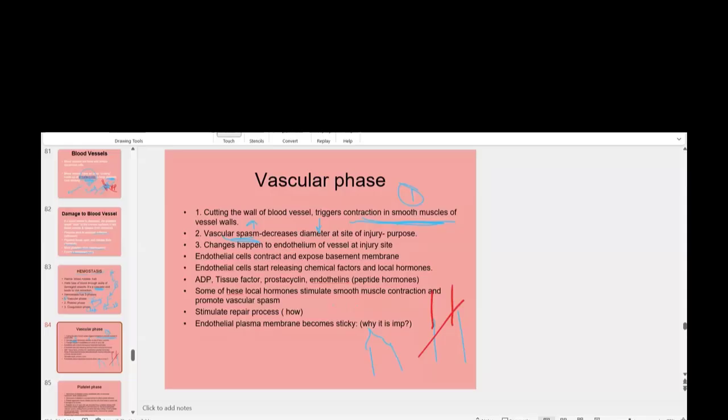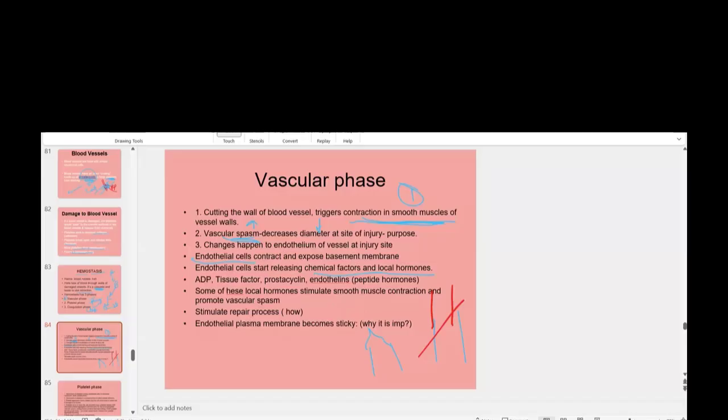That is the purpose. Changes also happen to the endothelium of the vessel at the injury site, and endothelial cells contract and expose the basement membrane. What is an endothelial cell? It is the cell lining the blood vessel that I'm talking about. Once it is cut, it exposes the basement membrane, and endothelial cells start releasing chemical factors and local hormones.